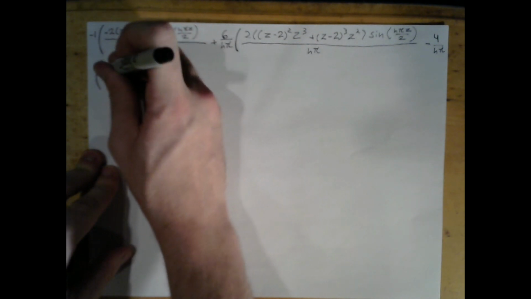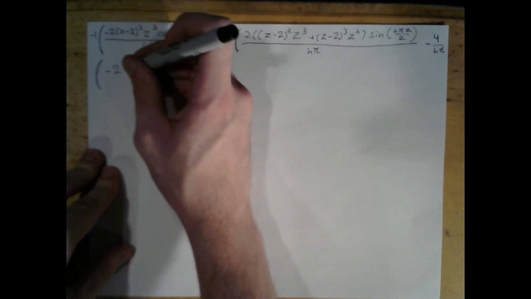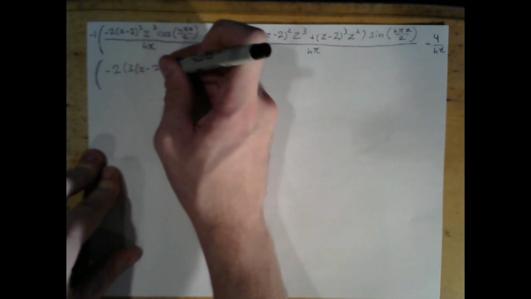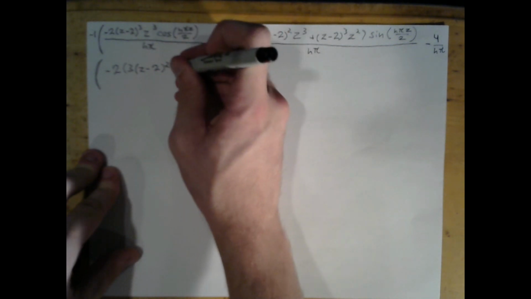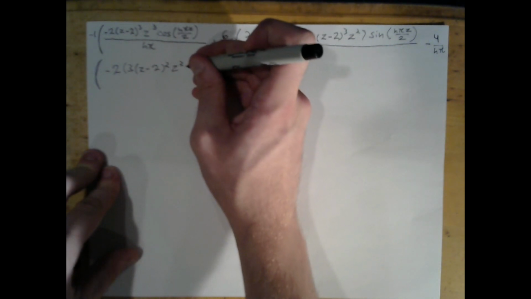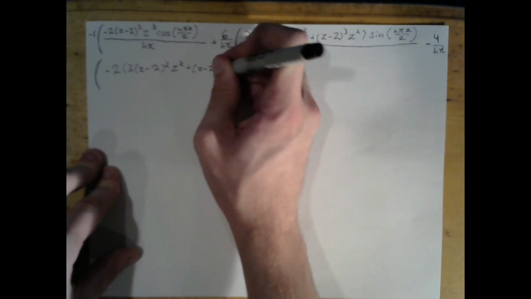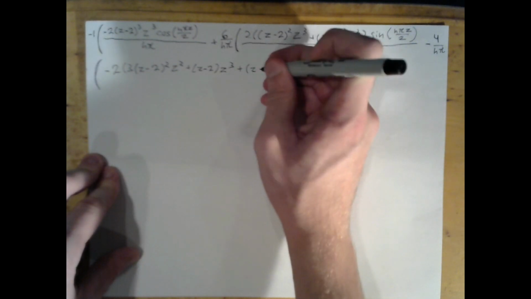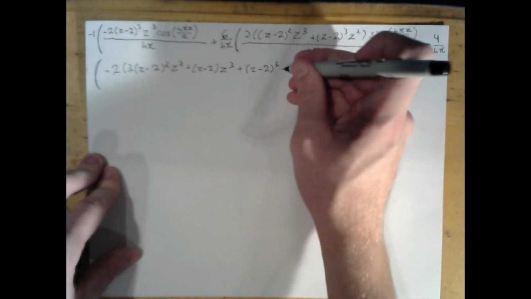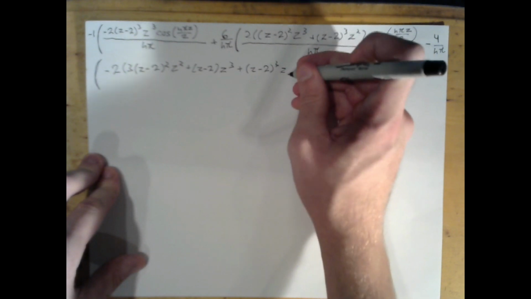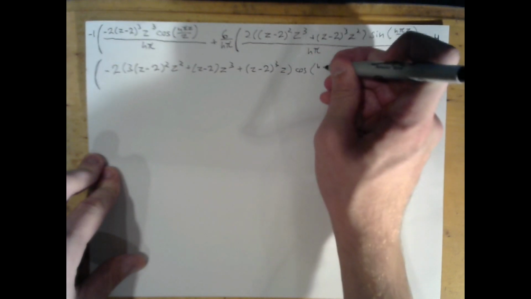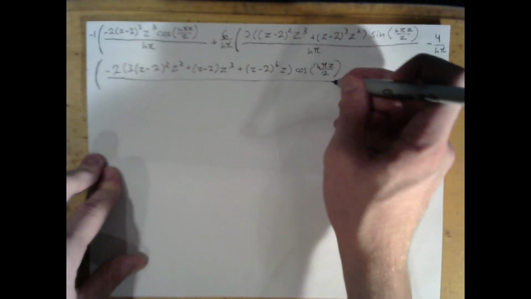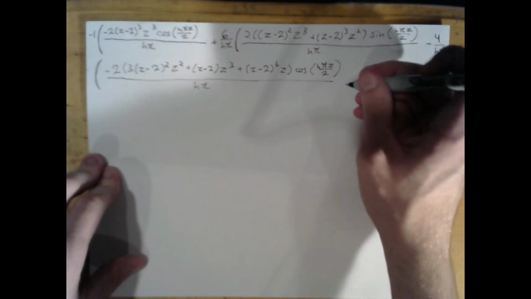We had negative 2, (3z minus 2) squared z squared plus (z minus 2) z cubed plus (z minus 2) cubed z, cosh(pi z over 2) all over h pi as always.